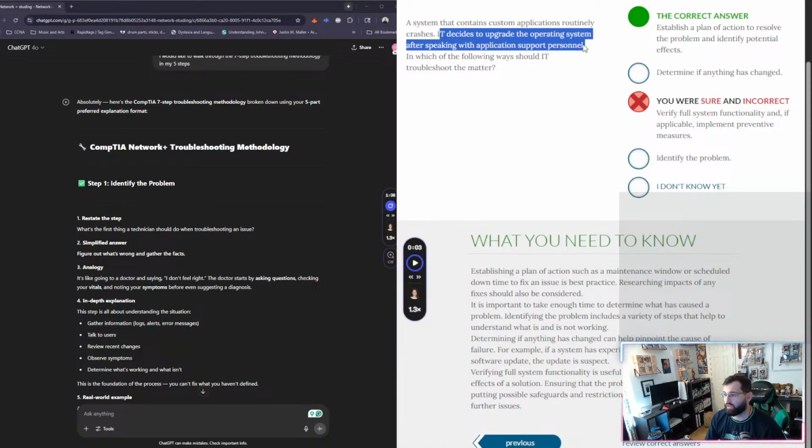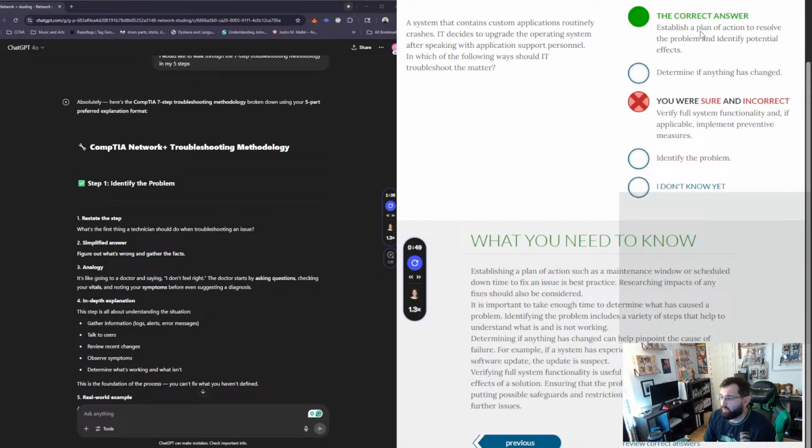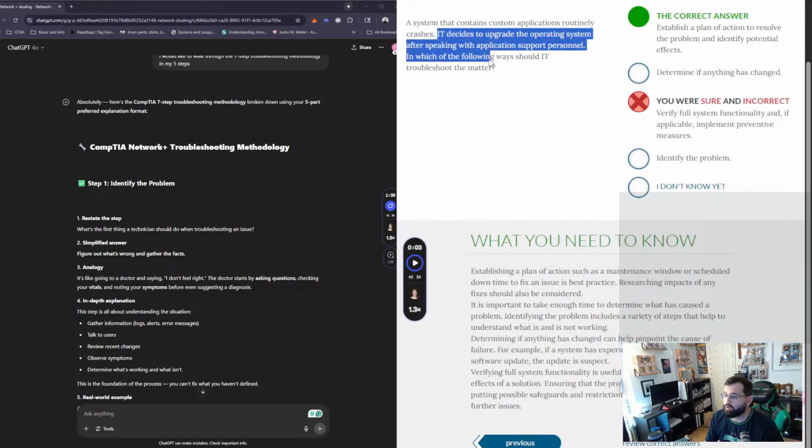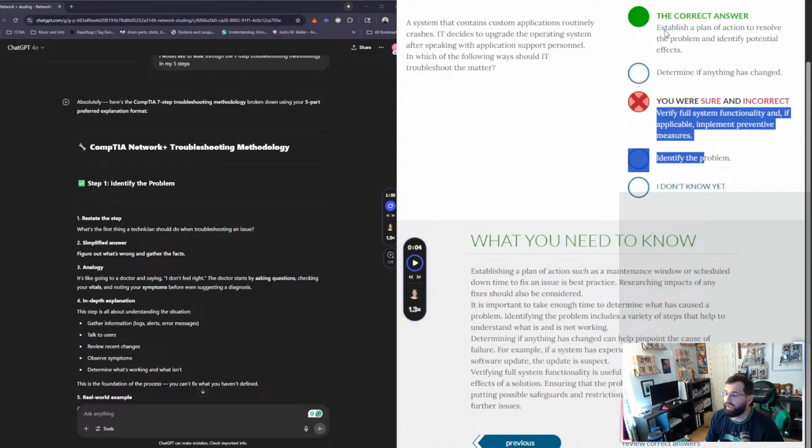After speaking with the application personnel, they've decided to upgrade it. Now, the next step would be to establish a plan of action to resolve the problem and identify potential effects. Basically, to see if it works. I was thinking that they had already done it. This would be the step after this one.